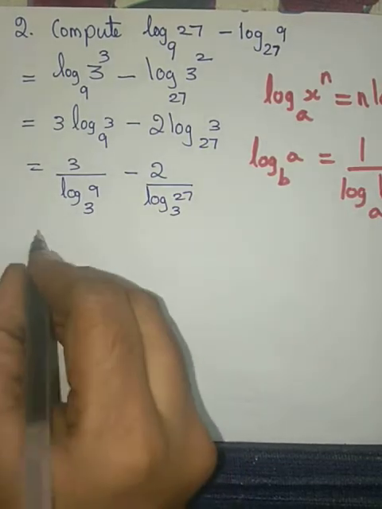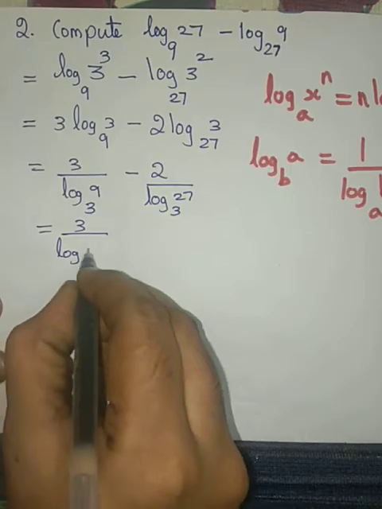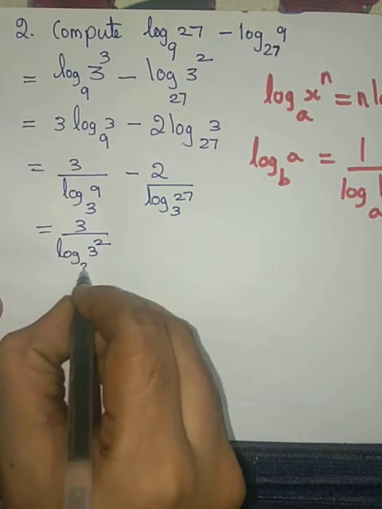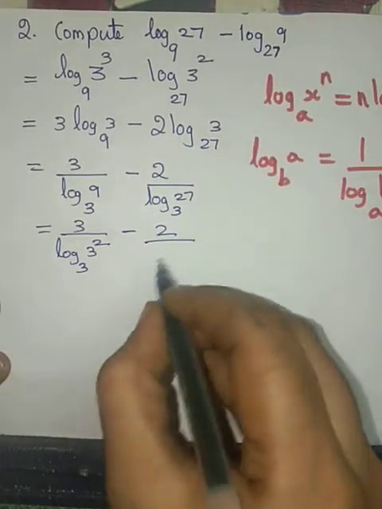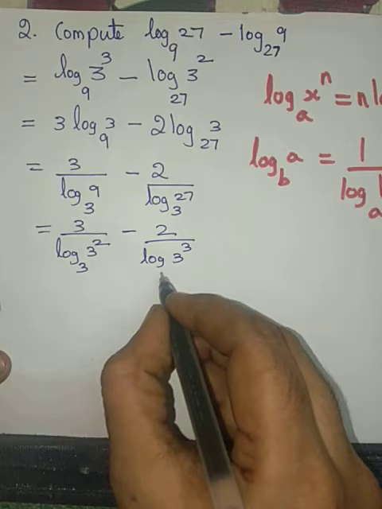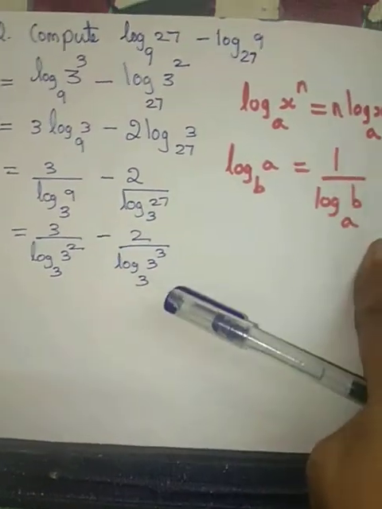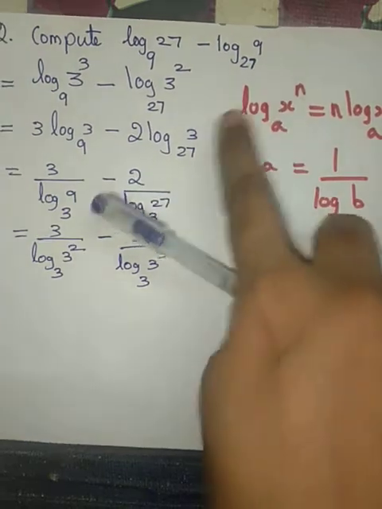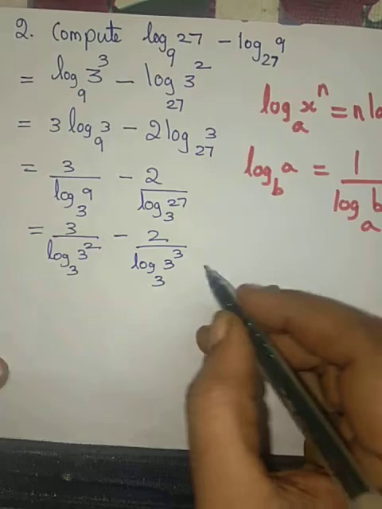Now next, 3 log 9 I can write as log 3 square to the base 3. Similarly, this 27 I can write as log 3 cube to the base 3. Again I am going to use the power rule. The power rule means we lift the power and put it in front. So here in both places in the denominator I am going to use the power rule.